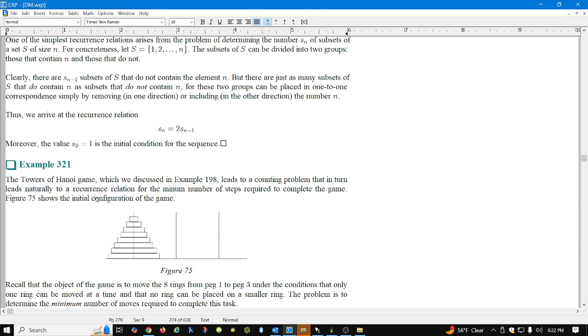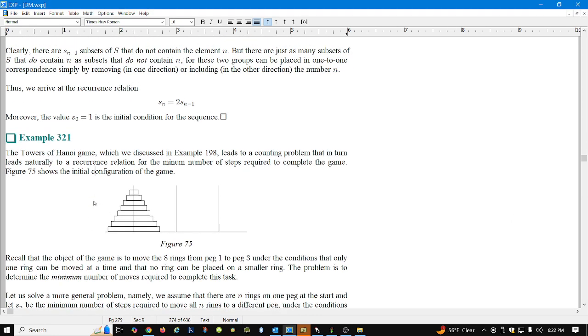This example is a lot more interesting. I spoke a while ago about this Towers of Hanoi game. This problem of counting the minimum number of moves required to complete the game also leads naturally to a recurrence relation. So here's the initial configuration.